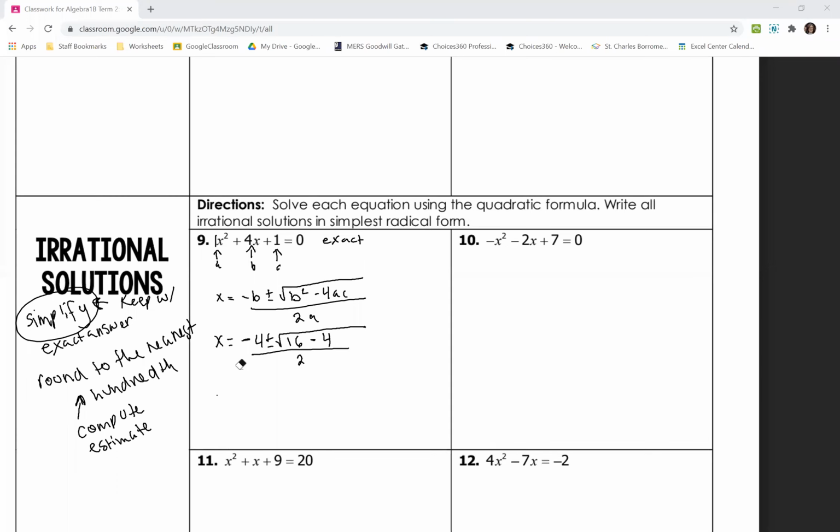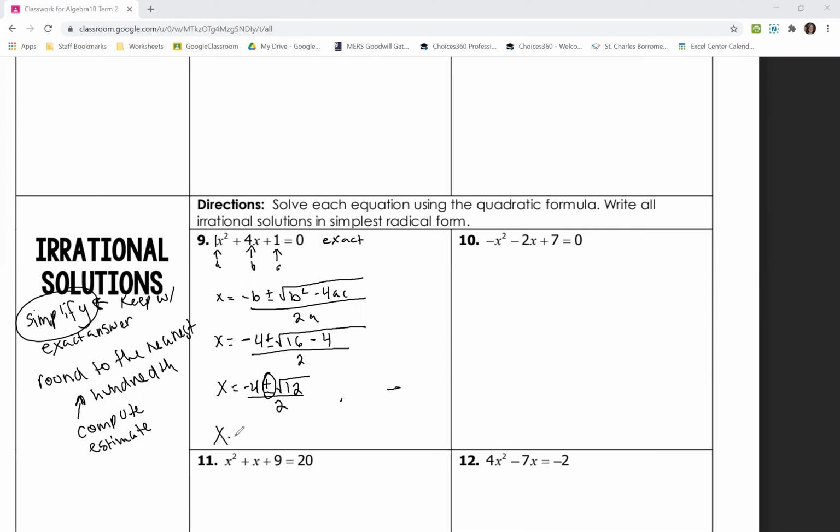If you feel confident with some of that, you can go ahead and solve some of those simple problems as you write them down, but be careful with that, okay? So x equals negative 4 plus or minus the square root of 12 all over 2. All right, guys, now this is the answer in exact form. I don't think that Alex has this button though, so you'll have to write it in two separate ones.